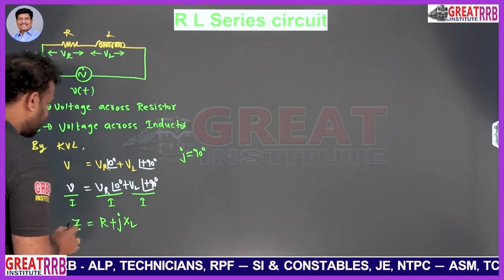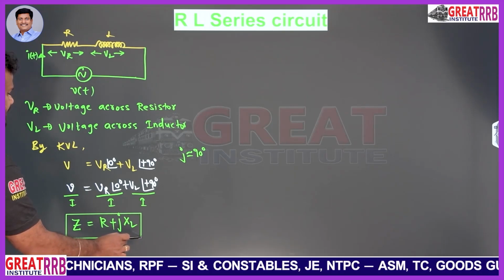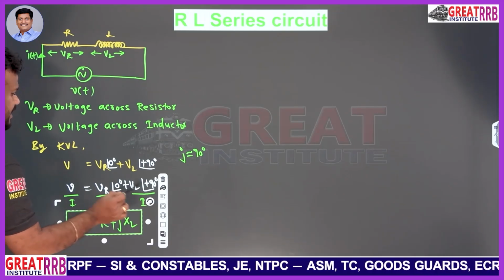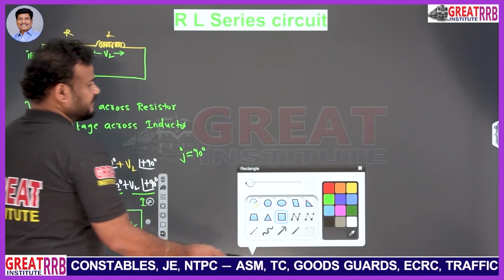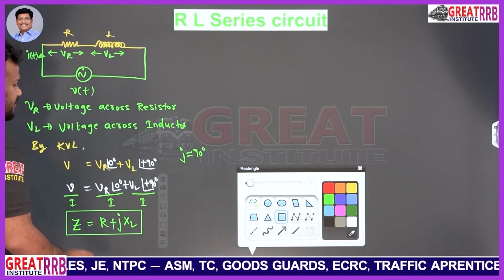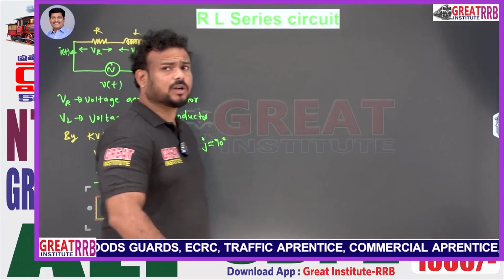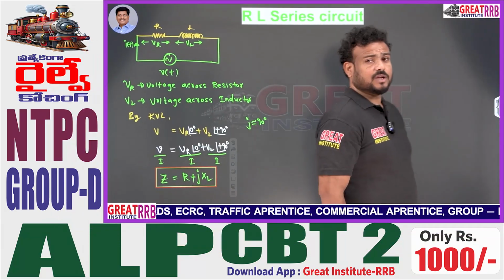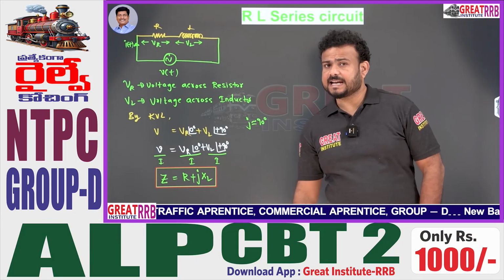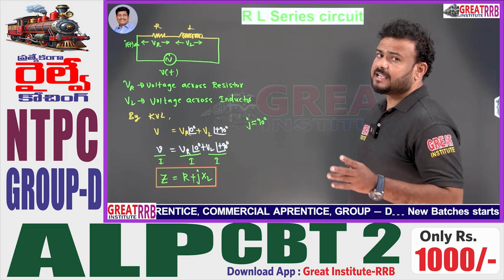Understand? Remember this expression, which is very important. Whenever you discuss the concept of AC, Z comes into the picture. You cannot avoid this Z whenever you discuss an AC circuit.